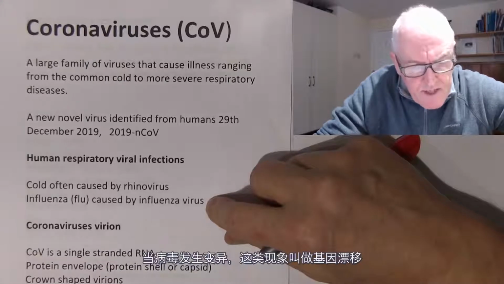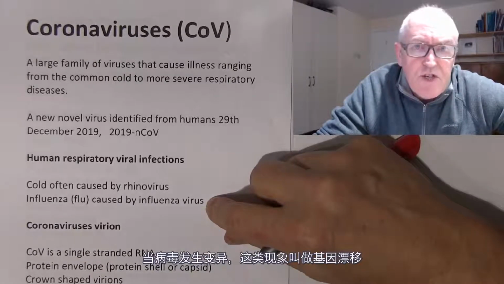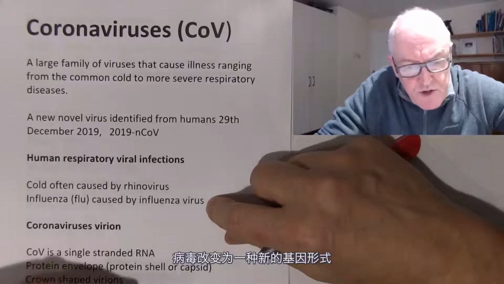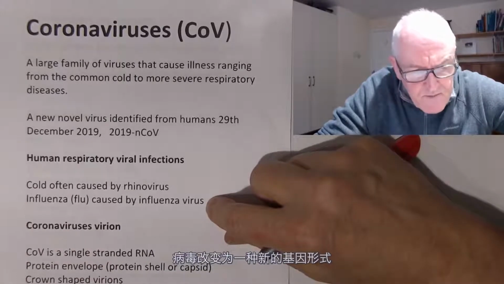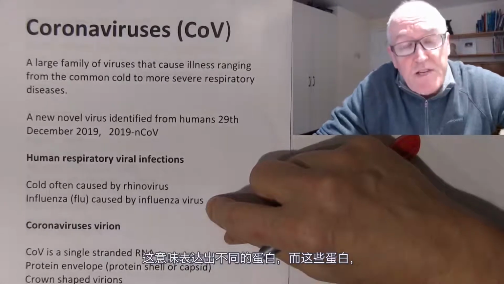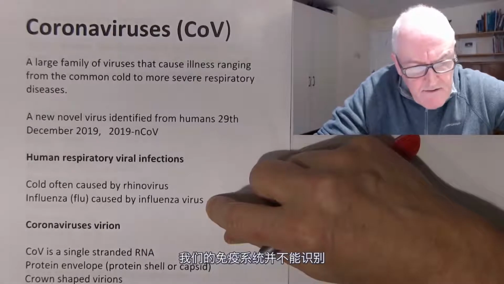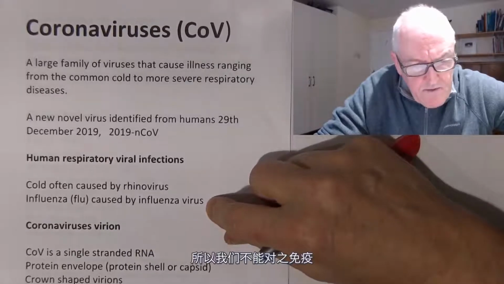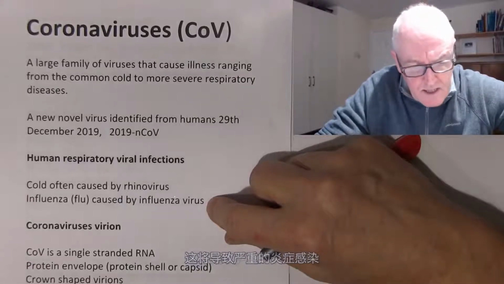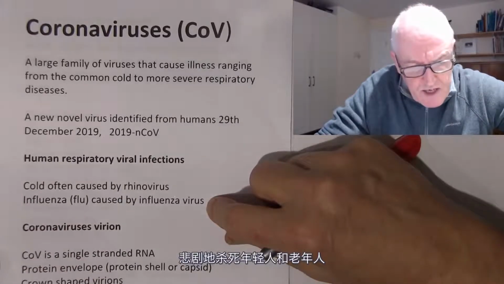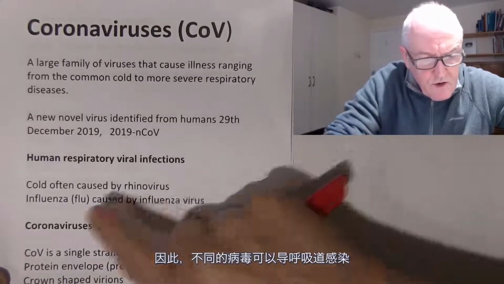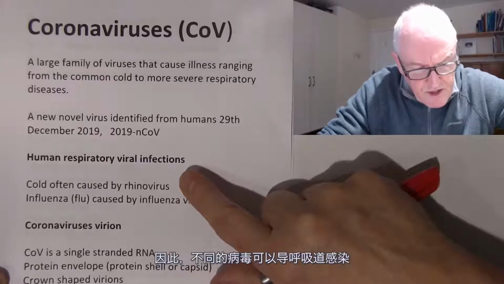And when the virus mutated, this effect called so-called genetic shift. The virus shifted. It was a new genetic form of the virus. And what that meant was it expressed different proteins. And these were proteins that our immune system was not familiar with. So we didn't have immunity to it, and it caused severe illness, inflammatory reactions, and it killed young people and old people tragically. So different viruses can cause human respiratory viral infections.